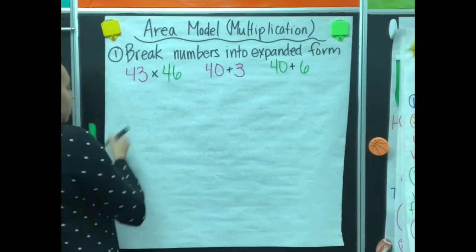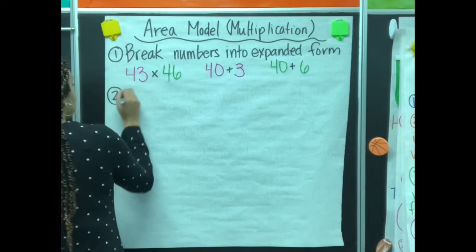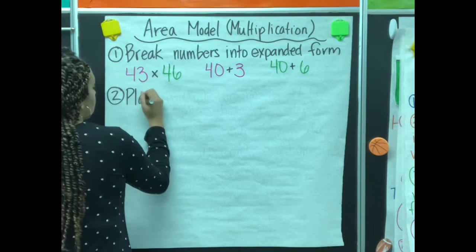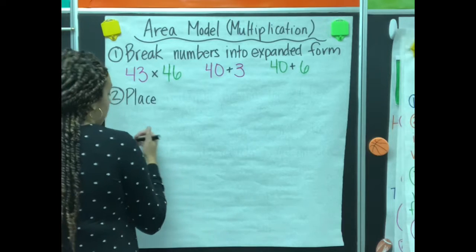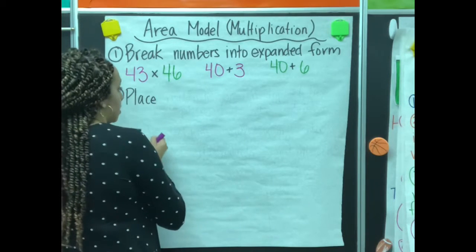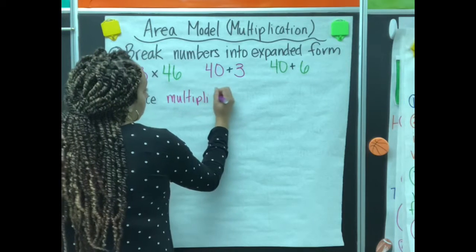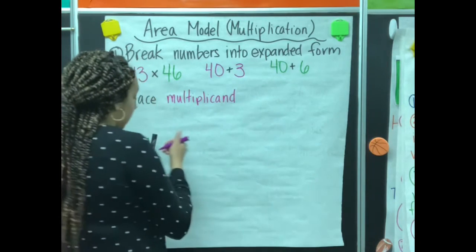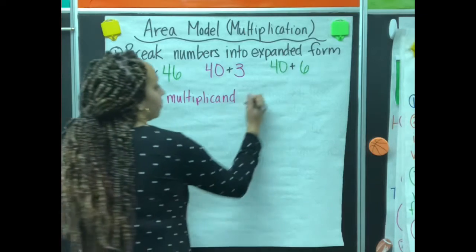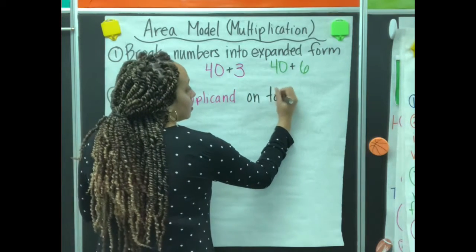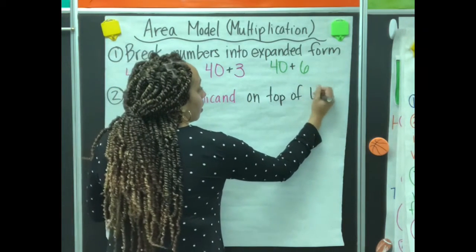The next thing we are going to do is place the multiplicand on top of the box.